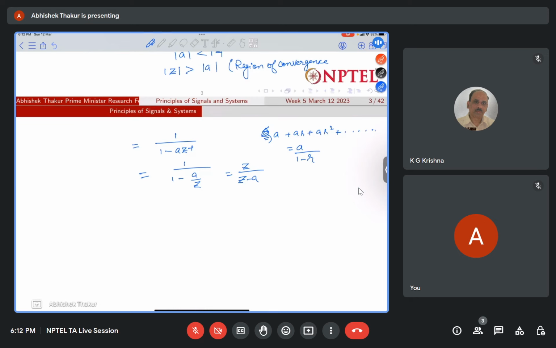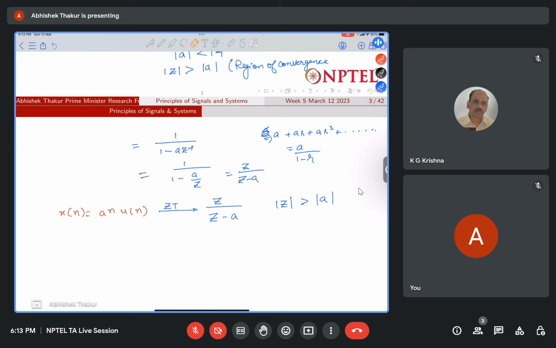We'll write it below. The Z transform of this term will be z by z minus a, and the ROC will be that the magnitude of z should be greater than a. Here a is some pole.